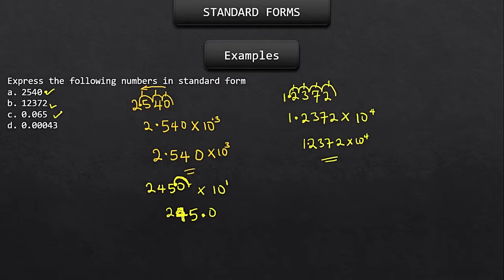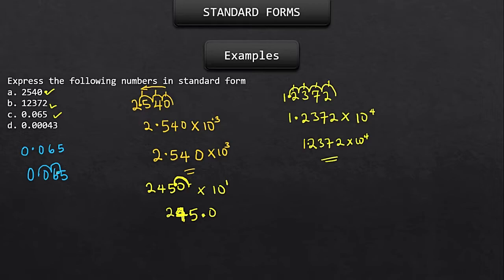So now we are going to move into 0.065. This is a decimal number, so it has a decimal point, and we are going to move to the right. 0.065, we are going to move to the right. 1 and 2.